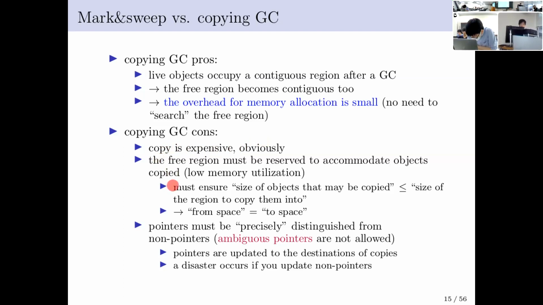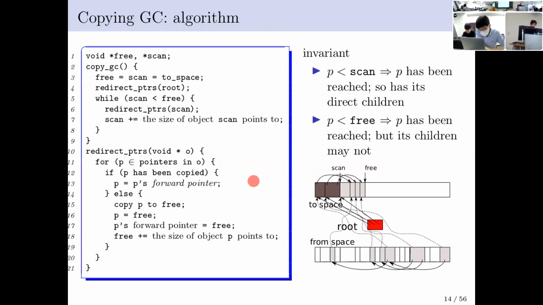And the free region must be reserved to accommodate the copied objects. This actually results in low memory utilization. If you look at this figure, this is the entire memory region the application has to use. Effectively, only half of the memory can be used for useful purposes, right?